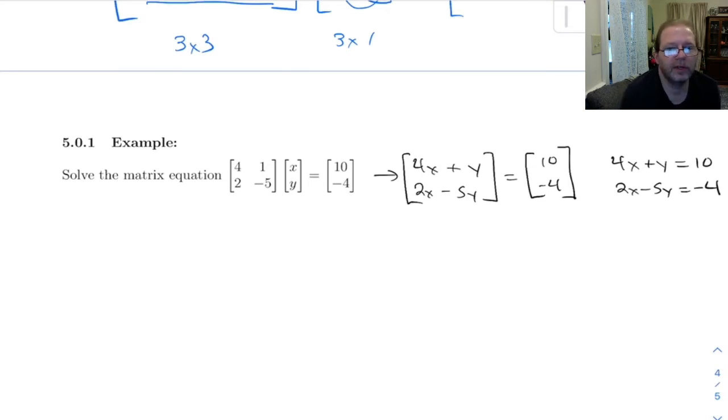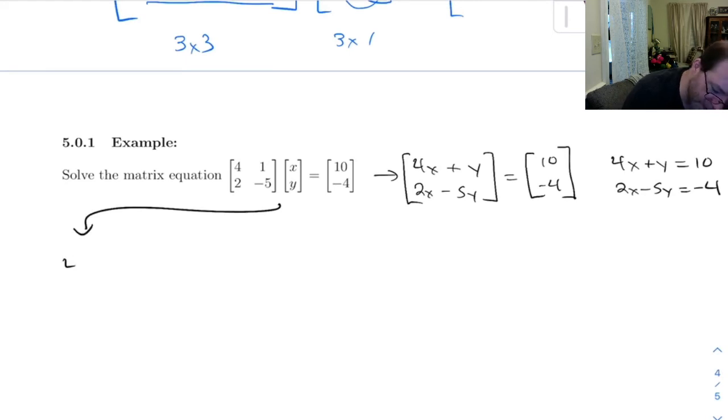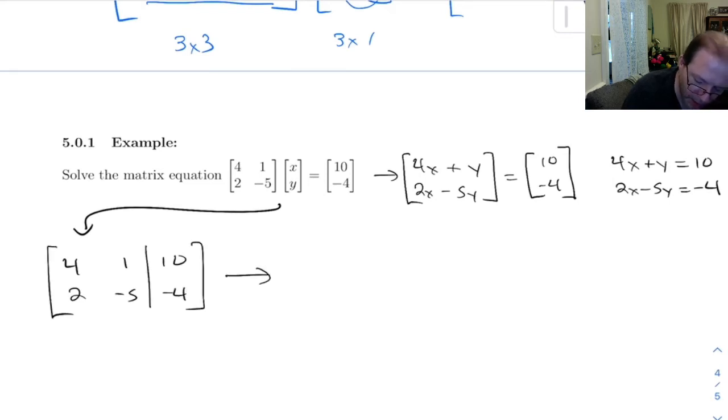Now, I wrote all that out because this is the first example. But truthfully, if somebody told me to solve this matrix equation, all I'm going to do is translate it into the augmented matrix and row reduce it. While I could do this one by hand, Octave is just so much quicker.